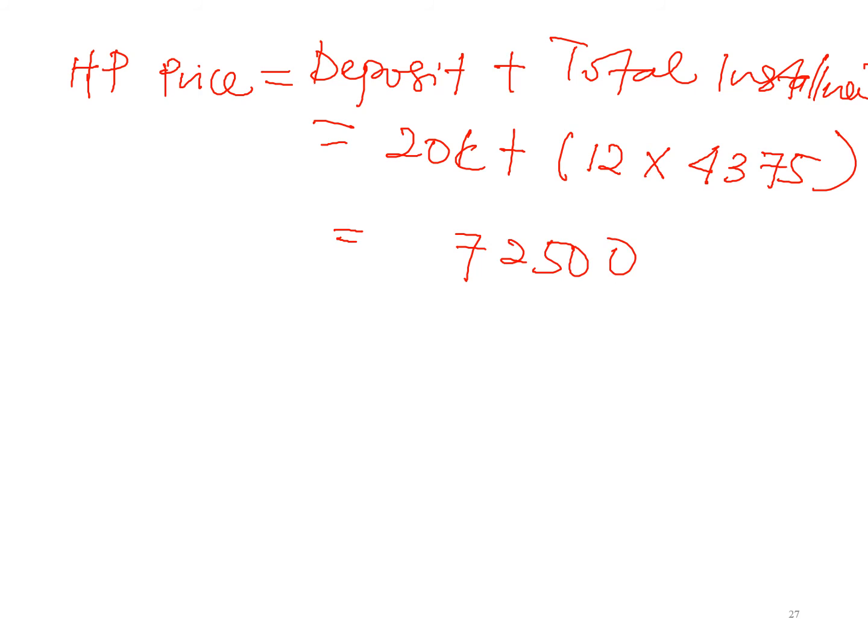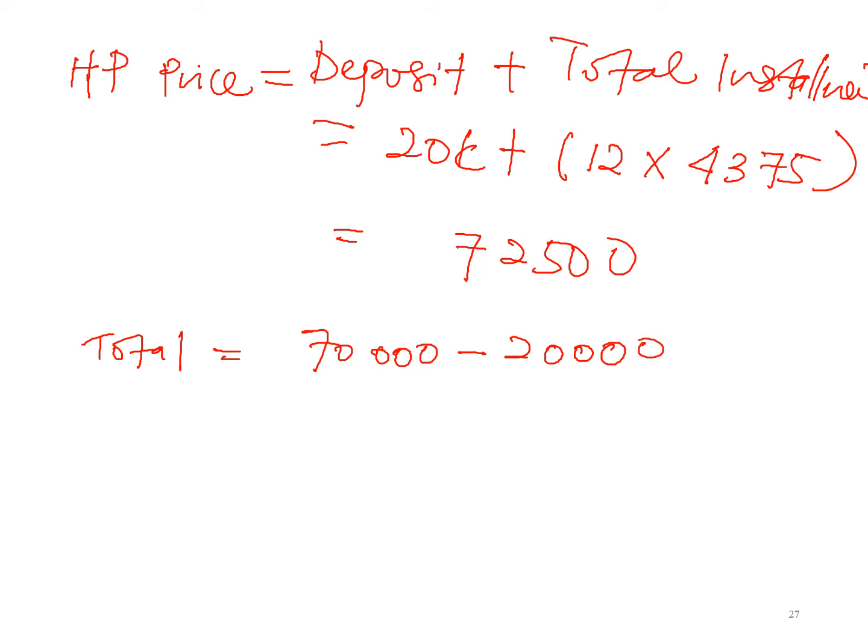Then you need to determine the total interest. How do I get it? The cash price of the machine is 70,000, minus the 20,000 deposit.